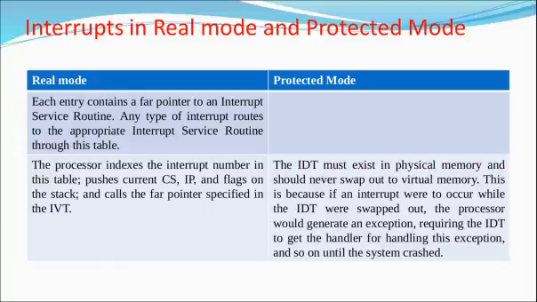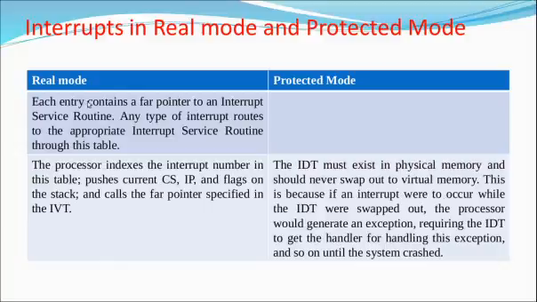Any type of interrupt routes to the appropriate interrupt service routine through this table. So when an interrupt occurs, it will be handled by the ISR, and to handle that we need the address of the particular ISR. So the ISR will be executed by using the pointer.